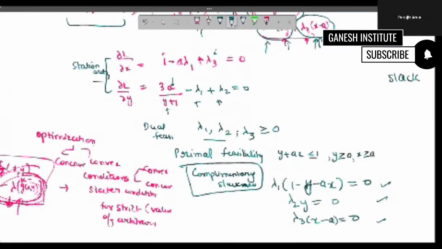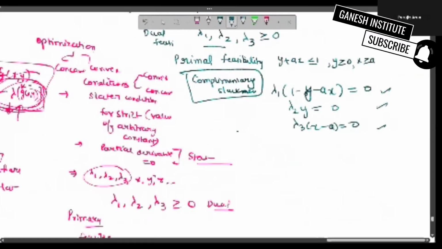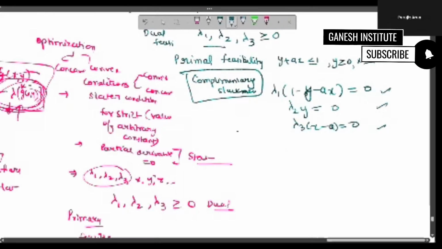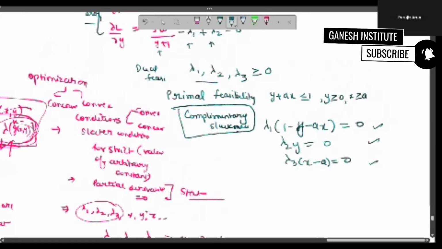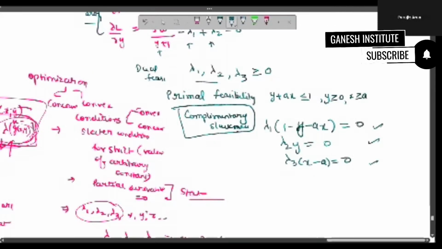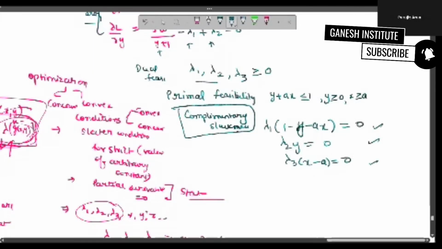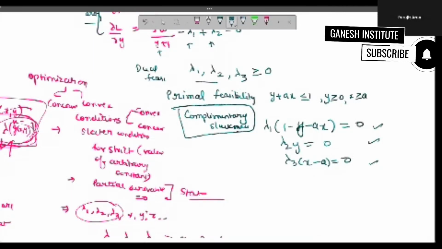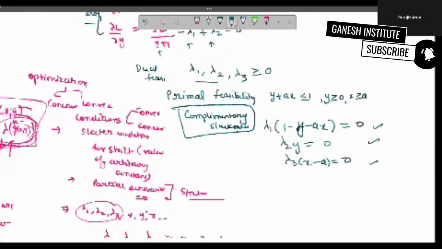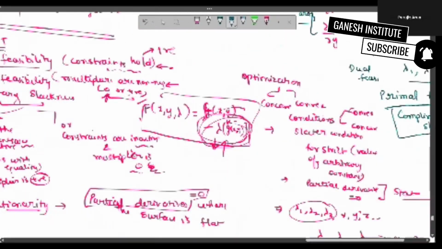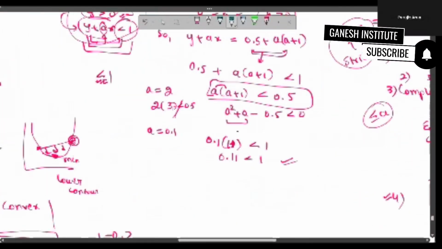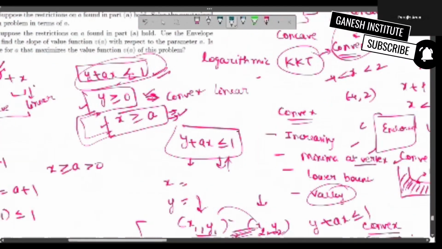Then, once we do that, now we need to find out the values. In the previous question, we were only asked what is the condition? Just explain how KKT will be applied. They have not asked us to solve it in B or C part. Let me show you how it is going to be applied.